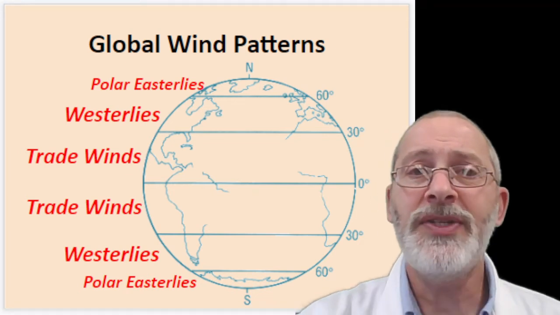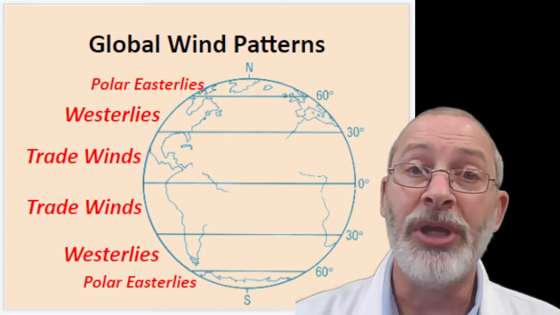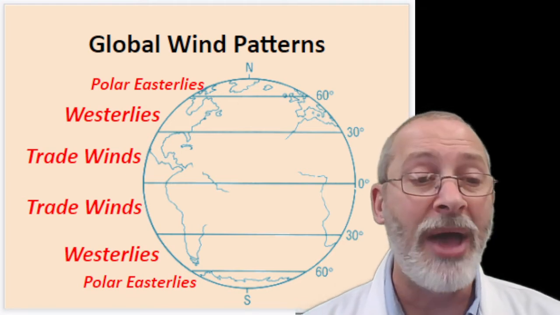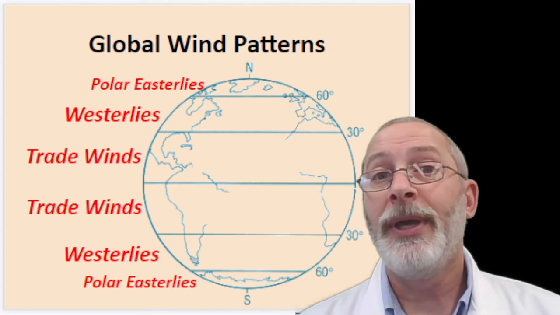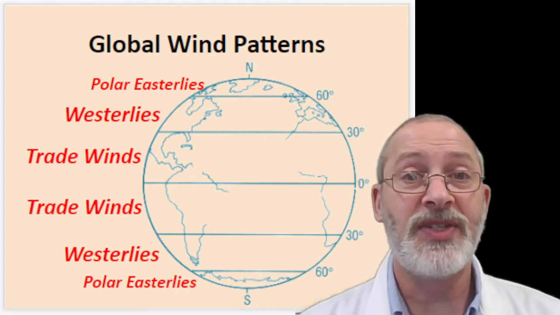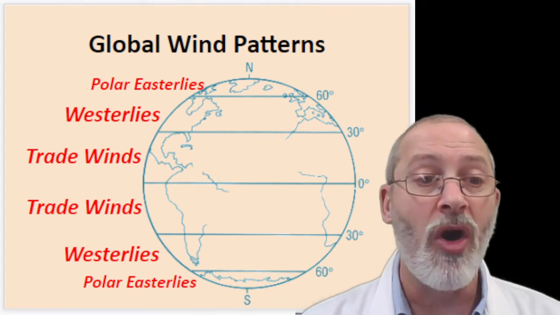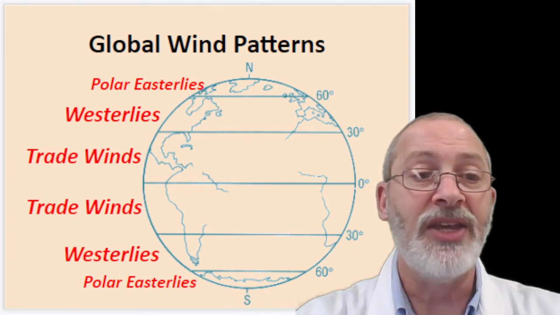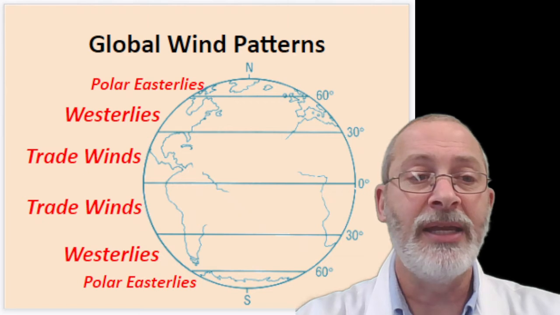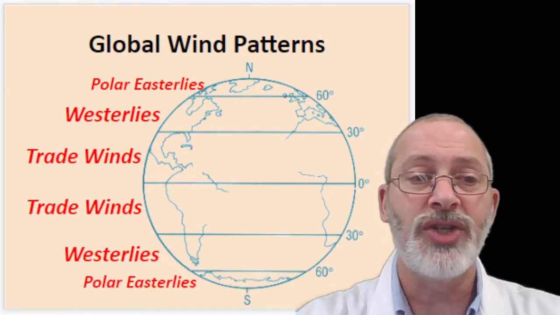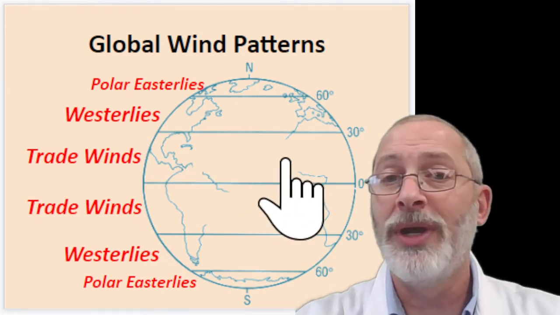And because of the Coriolis effect and because of the global wind patterns, there are also global currents that exist in the oceans. The oceans also exhibit a circular flow to them. We're not going to get into that in much detail other than to just state right now that that's what happens.